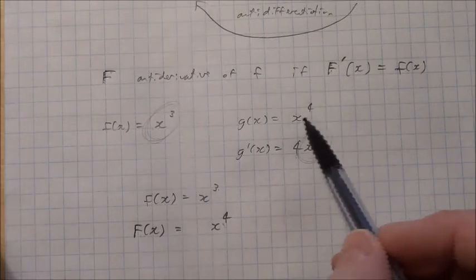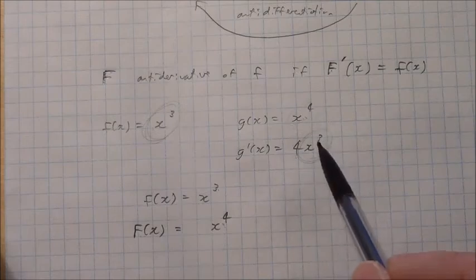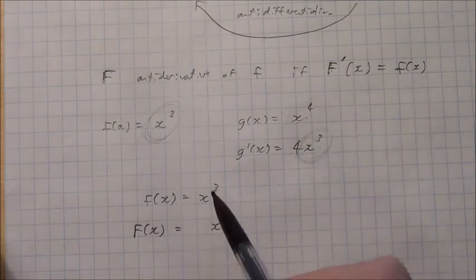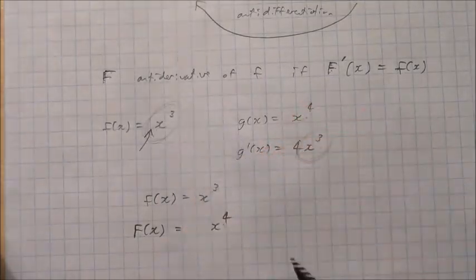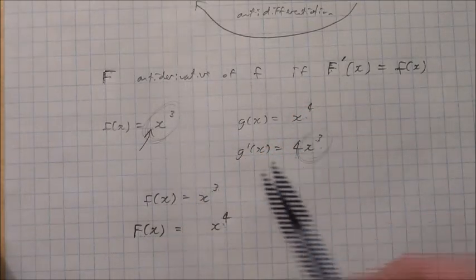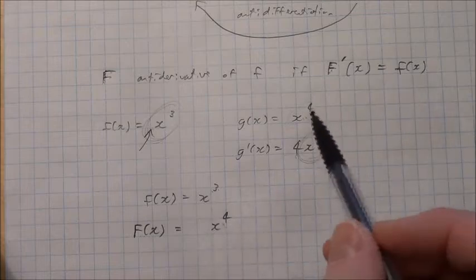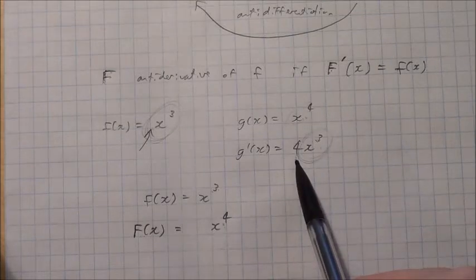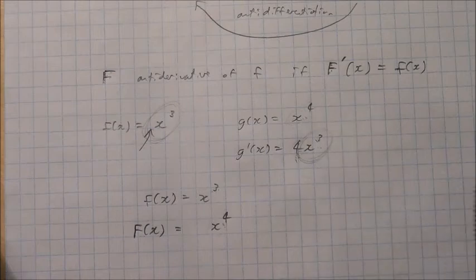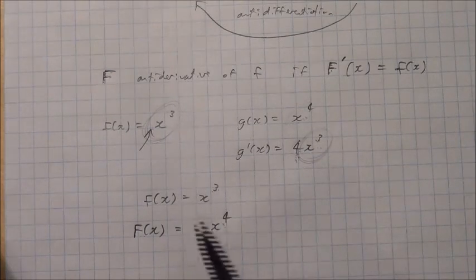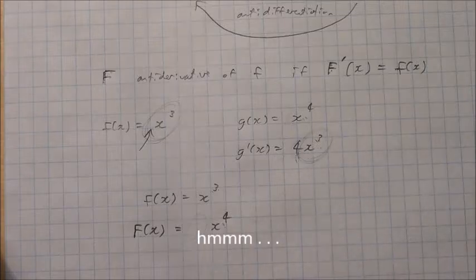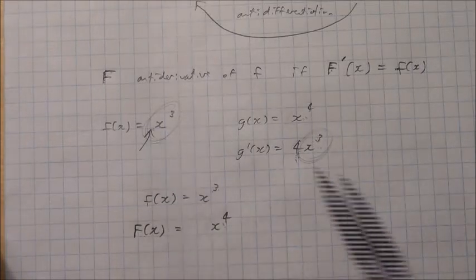When we took this derivative, we got 4x cubed. We want the x cubed part, but we also want a coefficient of 1. If, when we take the derivative of this, the 4 comes down in front, then we want to negate that 4. What can we add in front of this to negate that 4 when it comes down, so that we end up with a coefficient of 1?